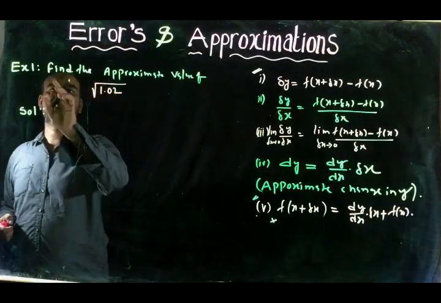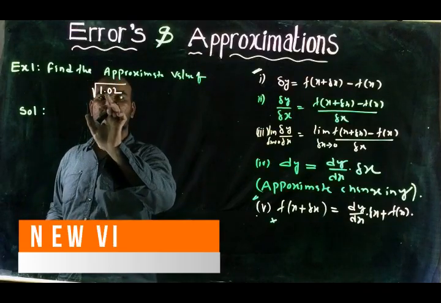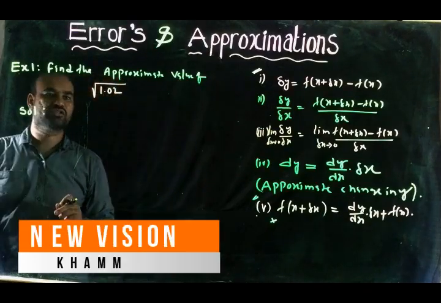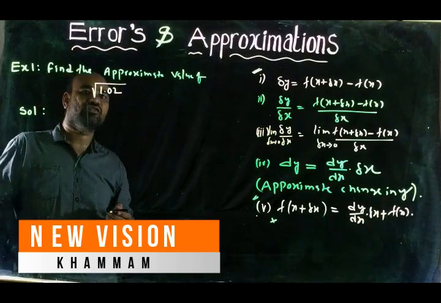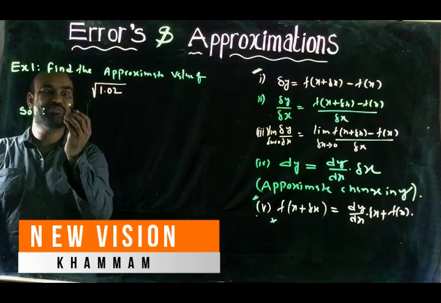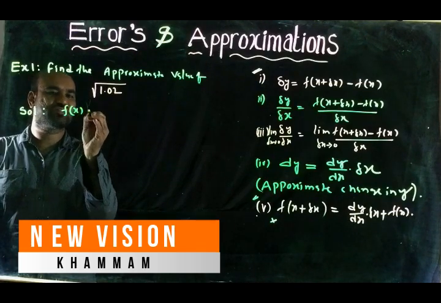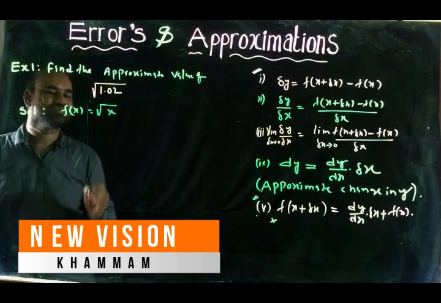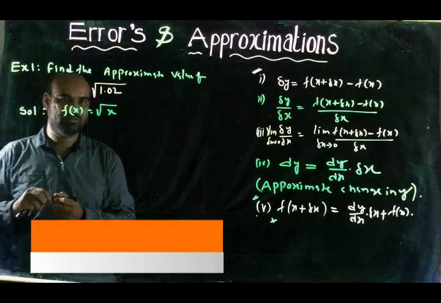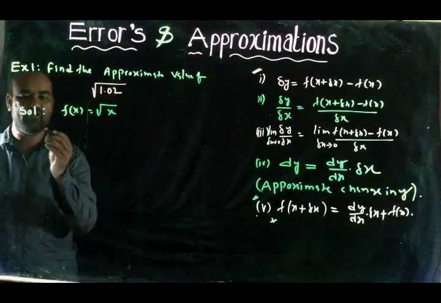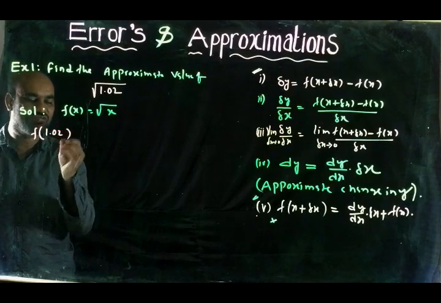Okay students, example 1, find the approximate value of root over 1.02. Solution. How to find the root over 1.02 by using differentiation? Step by step I am explaining. Observe here. Step 1. Let f of x equal to root x. Here x value should be 1.02, so instead of x I can write 1.02.